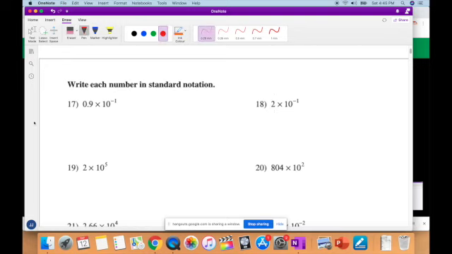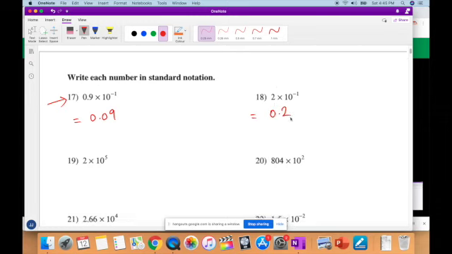So let me take this first one. What is the normal number? 0.09. Caitlin, you understand that? Caitlin, give me this one. 0.2.